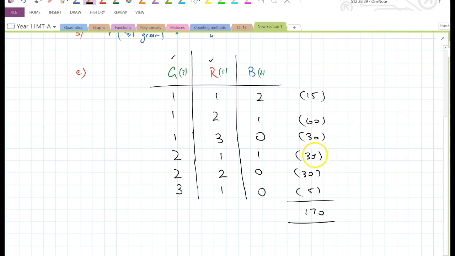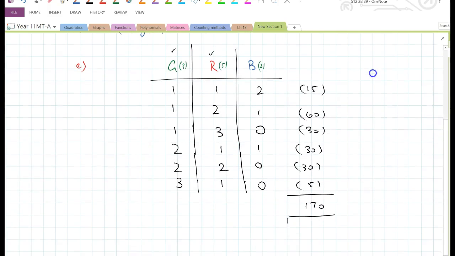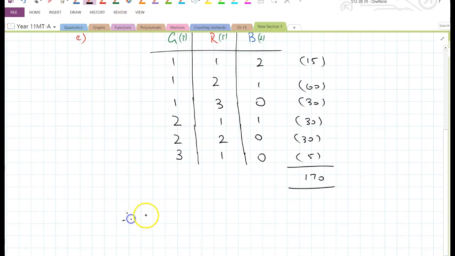It's 15, 75, 105, 135, 165, 170. So there's 170 outcomes that work, and we've already established that the sample space is 210. So the probability of at least 1 green and at least 1 red is equal to 170 over 210, which is 17 over 21.